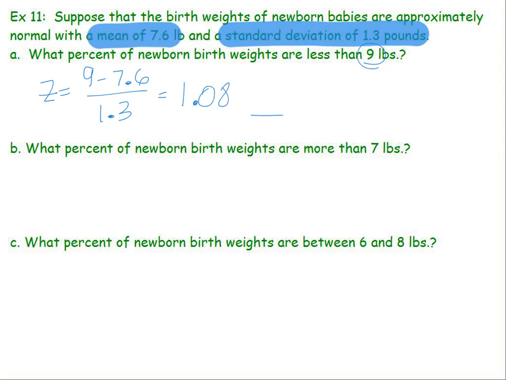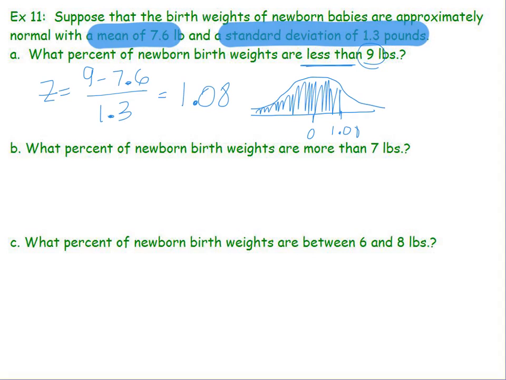Now, where is that on my pretty little picture? Now that we're doing z-scores, 0 is in the middle. 1.08 is over here on the right-hand side. That's my cutoff. Which way am I shading? Well, we want to know what percent of birth weights are less than 9. So less than is left, and we like left. Left means less work.